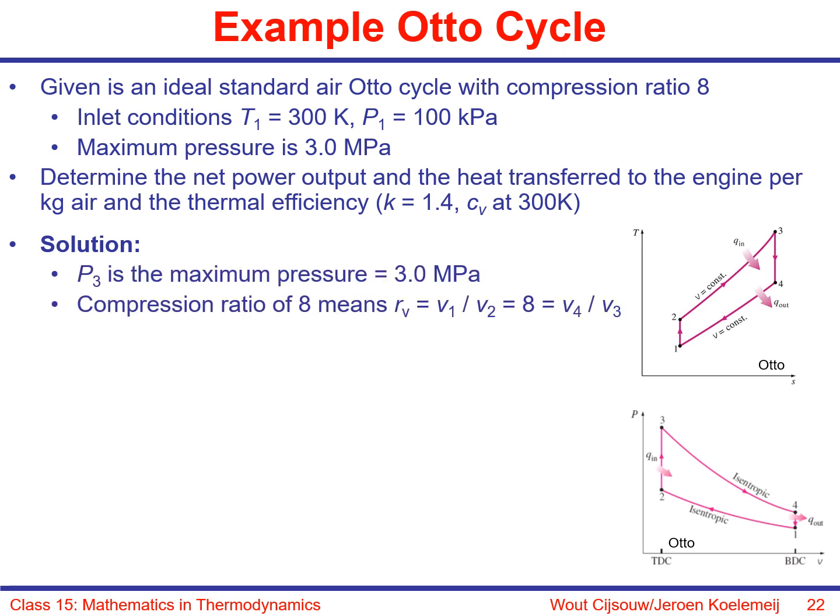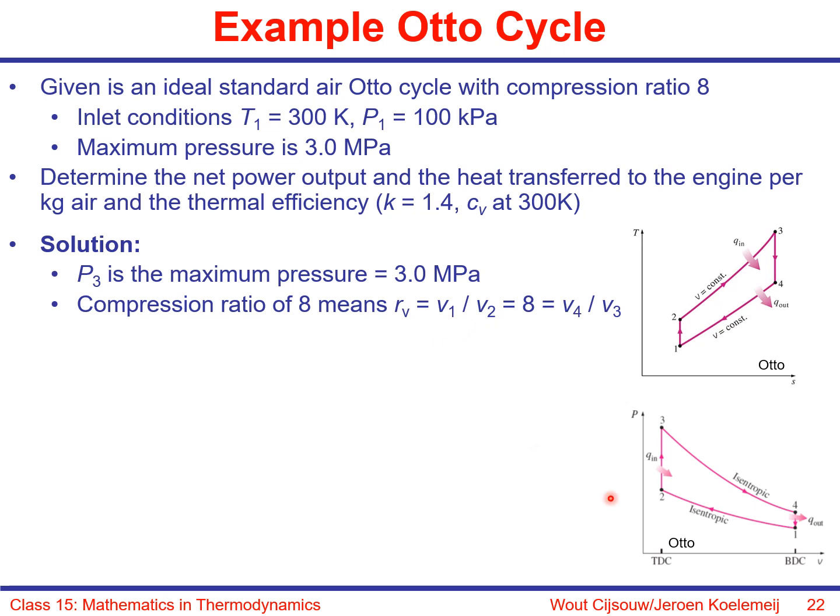So P3 in this diagram here, that's obviously the maximum pressure, and that's this 3 megapascal. So here we have one piece of the puzzle. A compression ratio of 8 means that this rV is equal to V1 over V2.